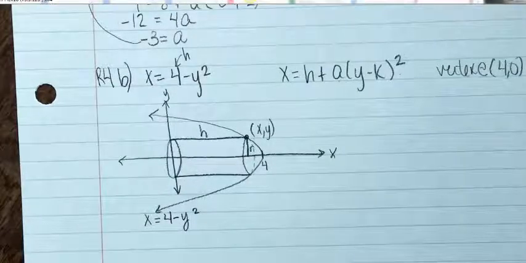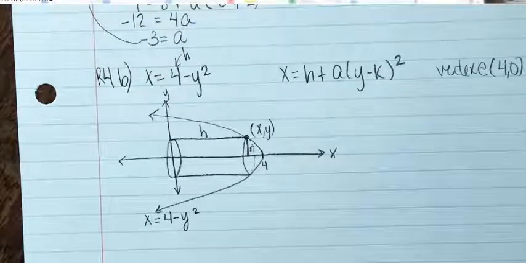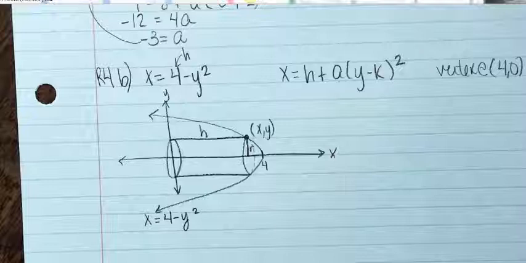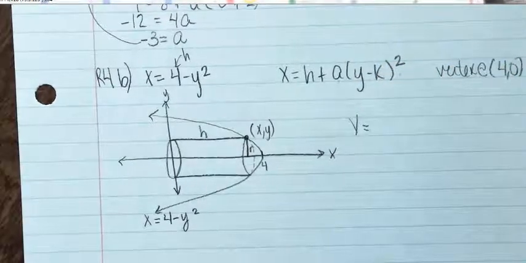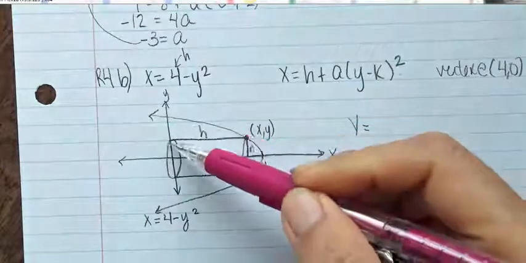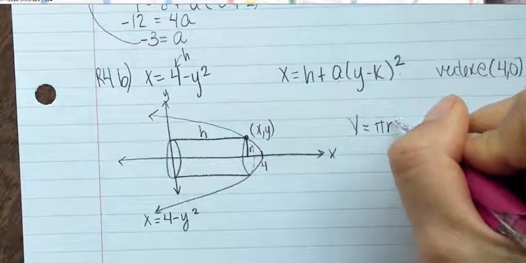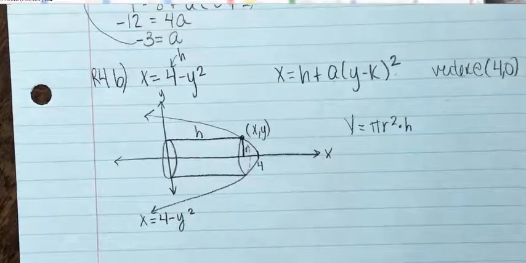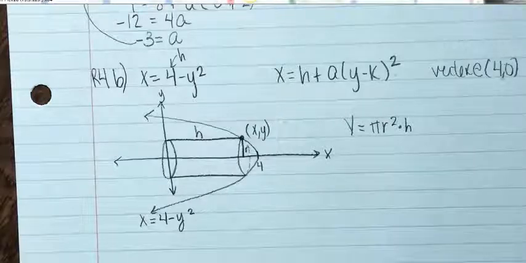Now I'm trying to maximize volume, and I need to figure out the radius and the altitude when I'm maximizing my volume. So the first thing I want is a volume formula. The volume of any cylinder is the area of the base times the height, so it's pi r squared times the height. Now the problem is I don't know what my r is and I don't know what my h is.